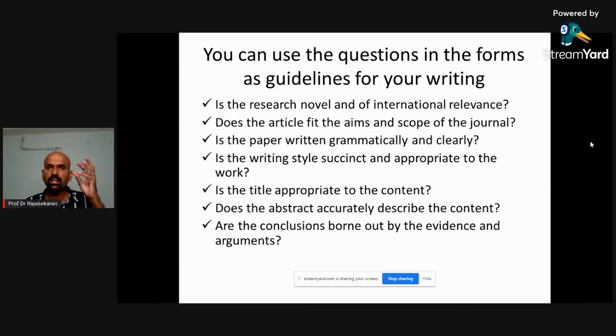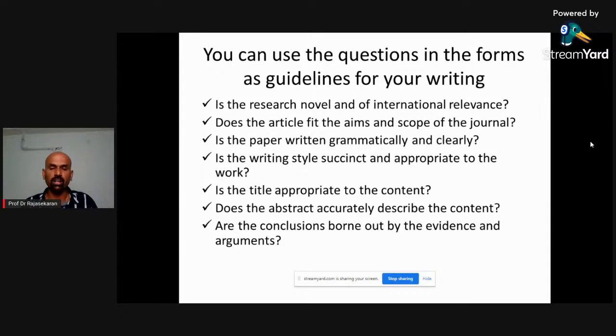Make sure that your paper fits into their aim and objective category. In case they are publishing linguistics papers and you have written a theoretical paper or a literature paper, they will not accept it, because there is no way it fits their objective. So that's very important.